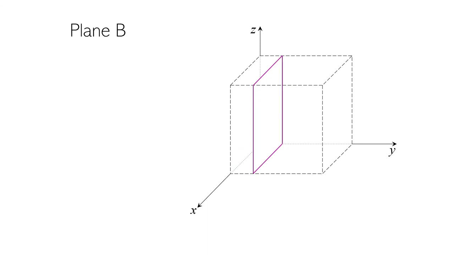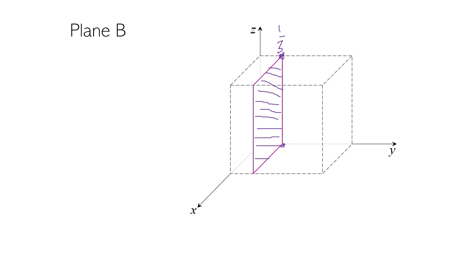Now let us find out the indices of plane B. So that is the plane B, and this plane is parallel to xz plane, hence parallel to both x-axis and z-axis, and it intersects y-axis at this point, and the corresponding point on top plane is this, and that point is a distance 1/3 of the edge length from xz plane or origin.